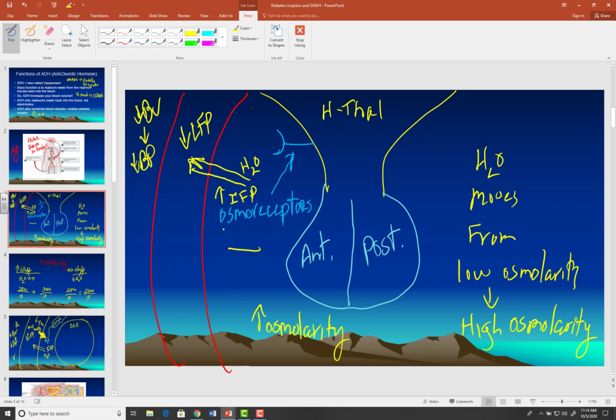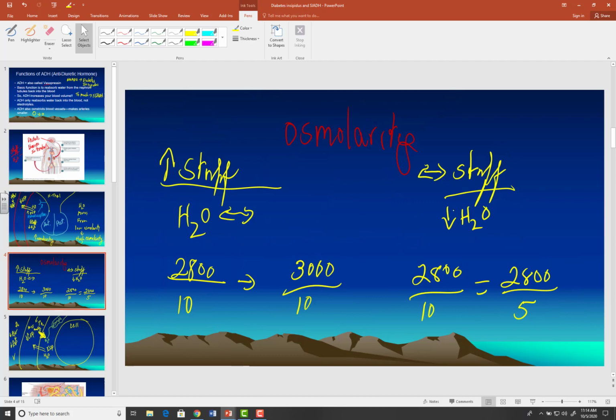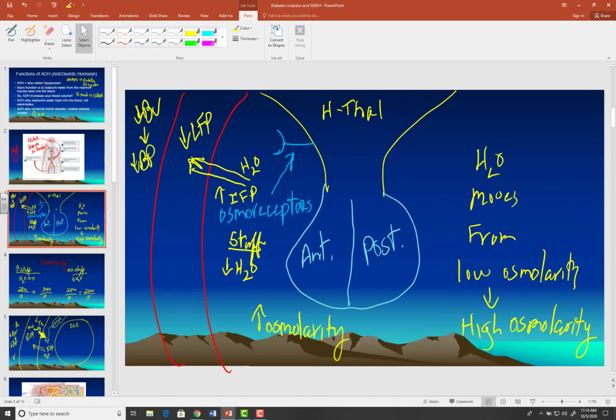Well, what did you do? You kept the stuff the same, but you decreased the water. Why? Because it's getting pushed back into the capillary. And if you keep the stuff the same and decrease the water, you increase osmolarity. And any time there is an increase in osmolarity, that's going to stimulate osmoreceptors in the H cell. And then the H cell is going to begin the production of ADH.